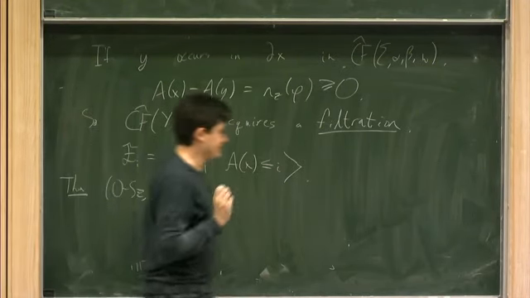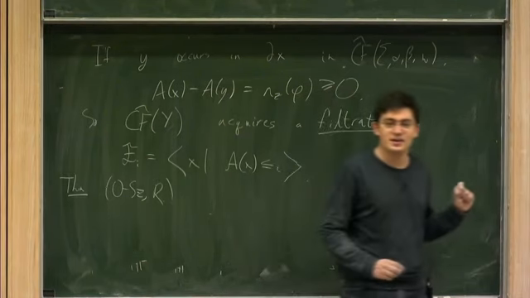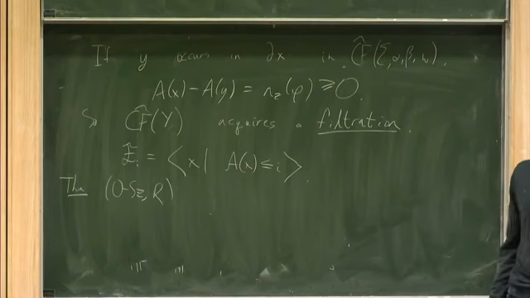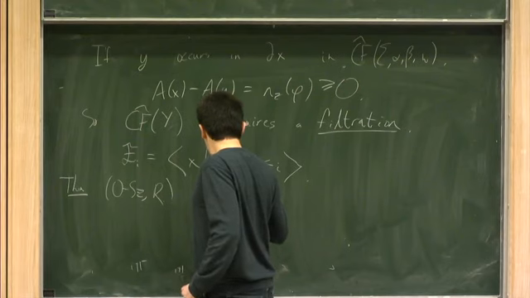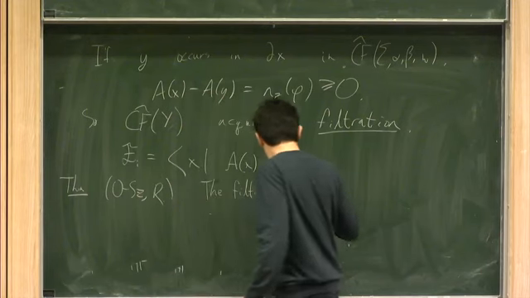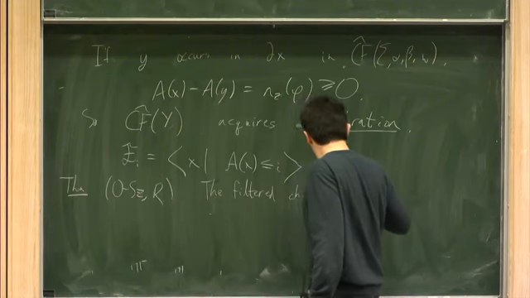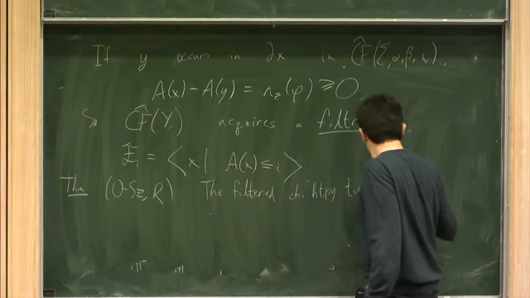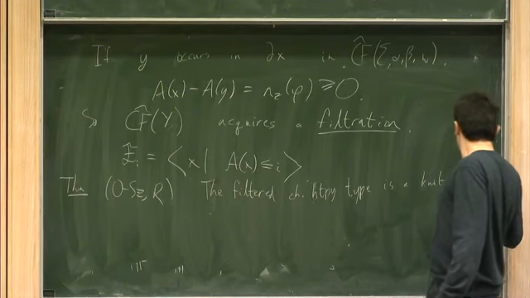well, I'm going to say this in weak form, is that the filtered chain homotopy type of this filtration, of this filtered complex, is a knot invariant.